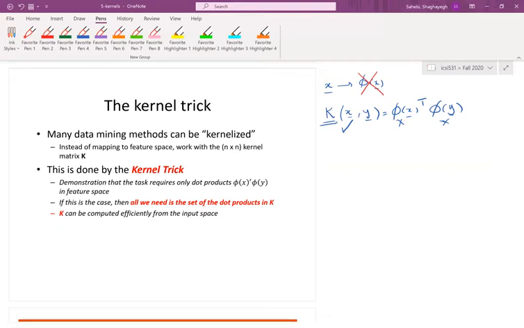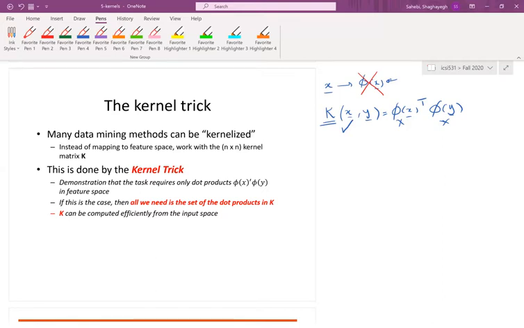And because we are working with this kernel matrix, or a similarity matrix, the method that we apply should be able to work based on the similarity between the data points only, because as we said, we don't have access to phi of x. So if our method needs to have access to phi of x, it cannot be used in this kernel method.